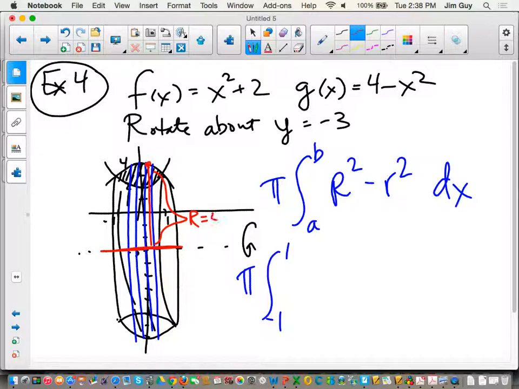So 4 minus x squared minus, what's this bottom equation right here? What's the center equation? -3. So it's minus -3. And when you simplify that a little bit, you get 4 minus x squared plus 3. So it ends up being 7 minus x squared, squared.